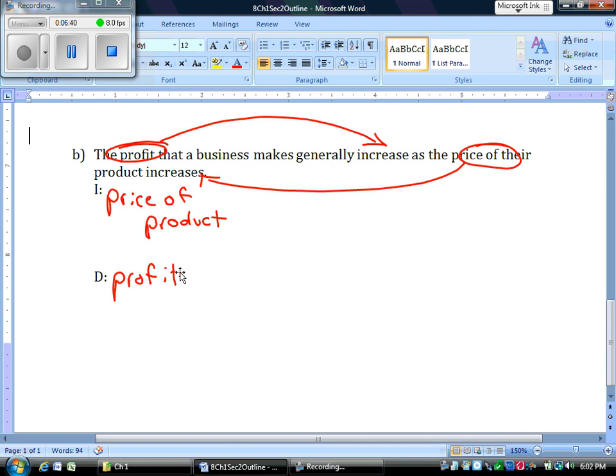Nobody's going to pay $10 for a pack of gum. Okay? They have to find a price that's high enough for them to get a good profit, but low enough that people are going to buy it. And that's where the independent, dependent variables come in. And they would look at projection graphs and maximization functions, which you'll learn about later on in high school.